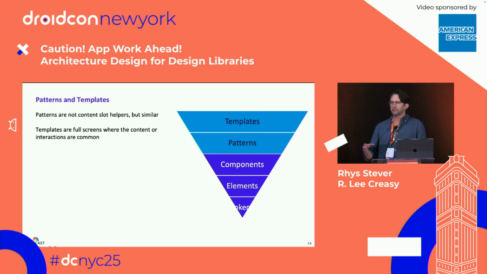And the reason for that is because when we start talking about scaffolding, it's already at the app layer, and we just haven't really found a good architectural way to provide scaffolding without having to have some level of app code and business logic in our component, in our module. The other big differentiation for us with templates is that it's a full screen set of content.